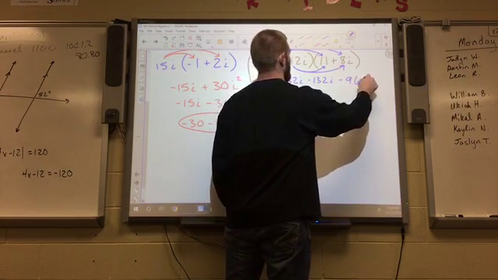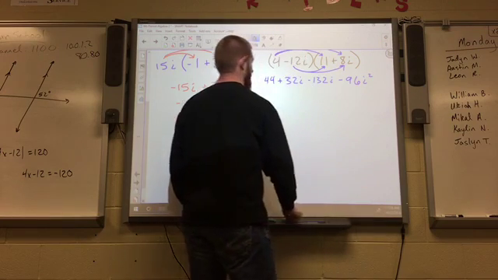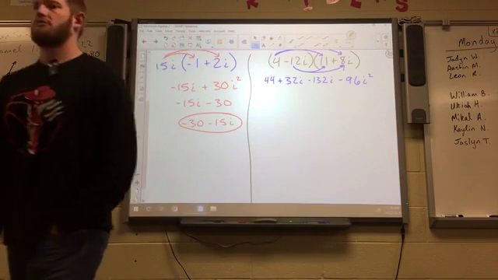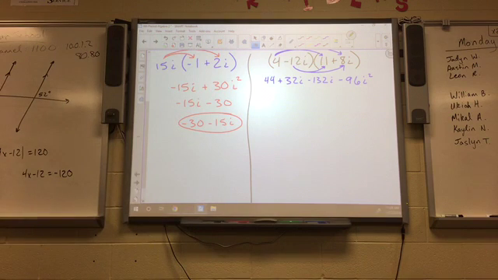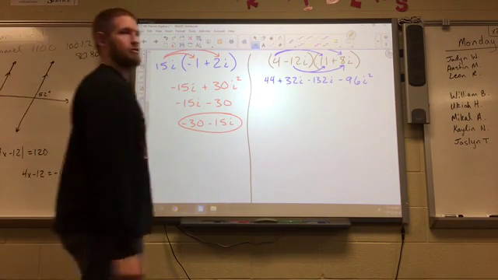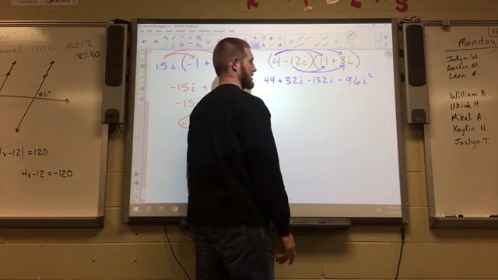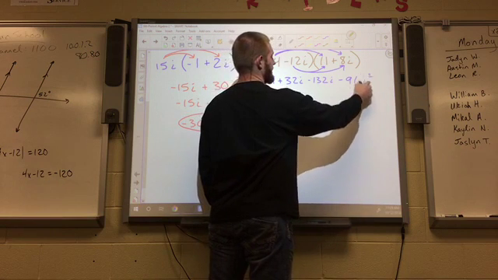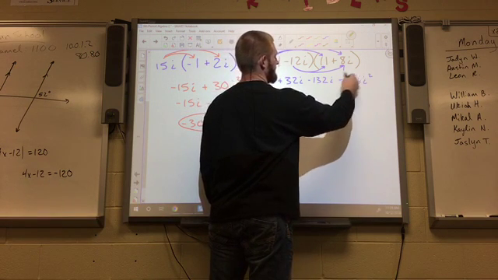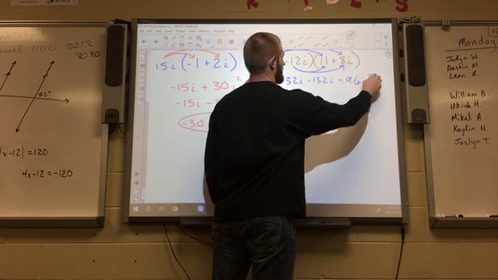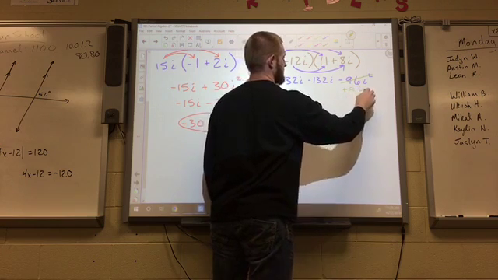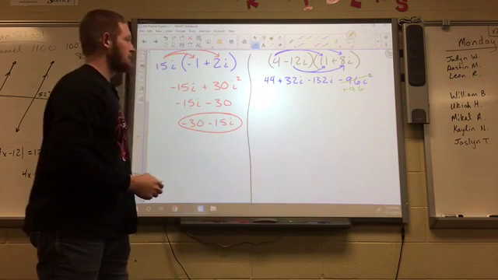Before you start combining like terms, what am I going to ask you to take care of? Get rid of the i squared. Always get rid of your i squared. You don't ever want i squared. Just make it negative 1. So negative 1 here would change this negative 96 into a positive 96, with no more i's.